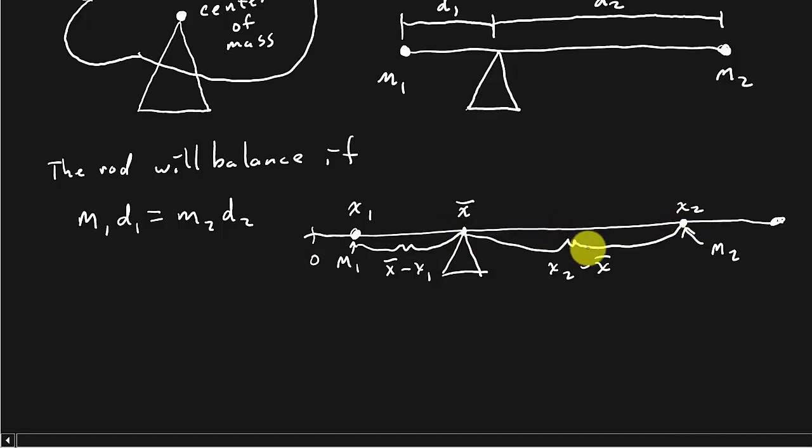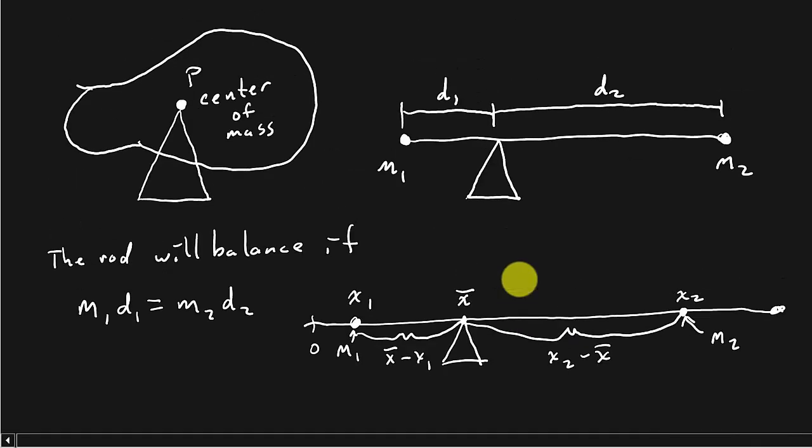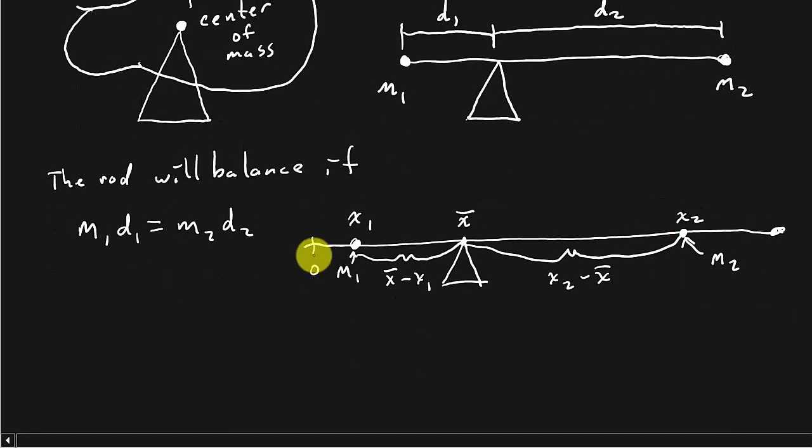Remember up here, M1 times the distance D1 has to equal M2 times the distance D2. What we've done is put it on the x-axis.